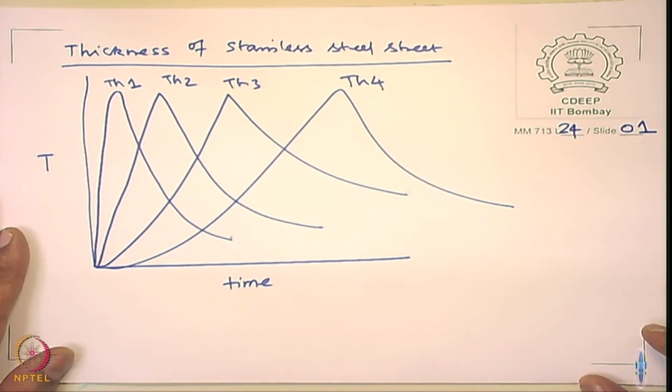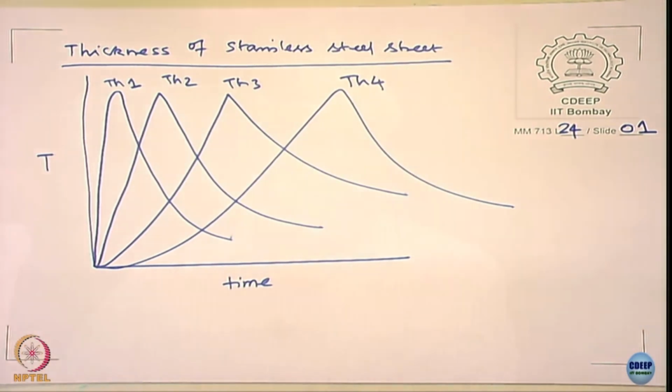In practice we need to weld thicker plates and thicker tubes. In the nuclear industry, for example, tubes of 1 inch and above thickness are welded. Now you are going to deposit more heat, but you need to avoid sensitization, right. How do you avoid sensitization in that case?